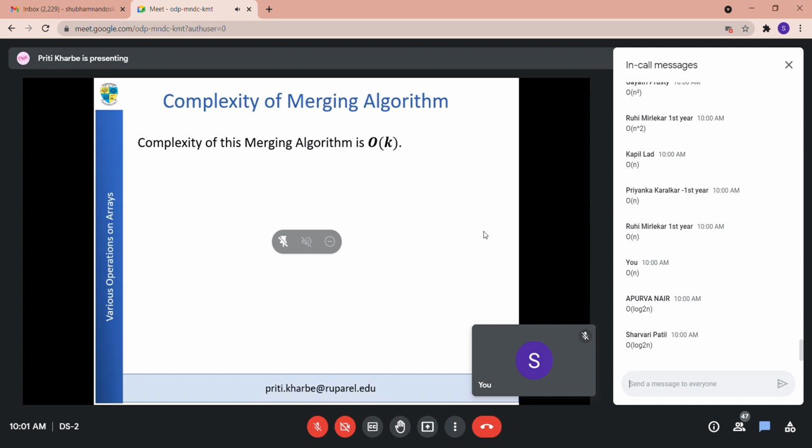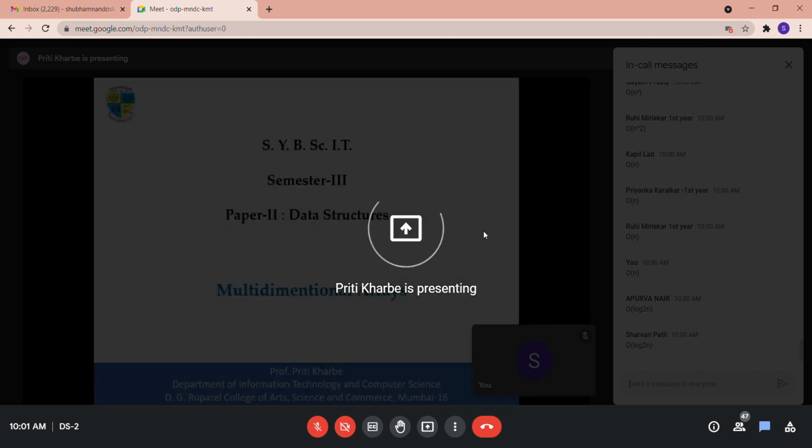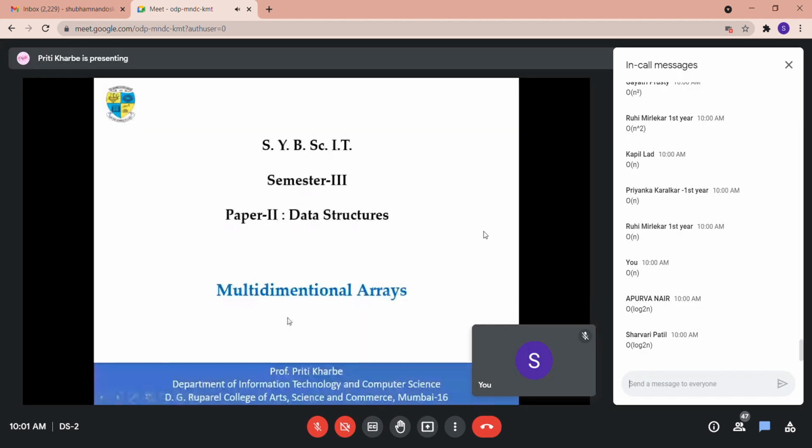multidimensional arrays. Okay, so we have seen one-dimensional arrays, operations on one-dimensional arrays, then memory allocation, also sorting and all.